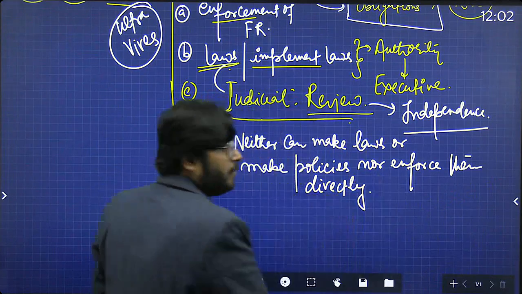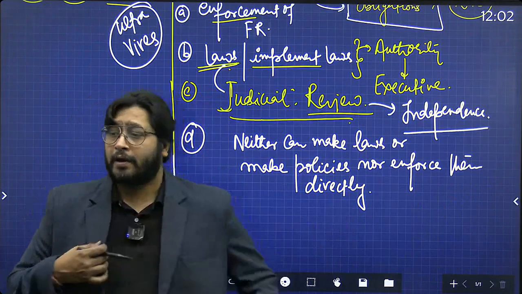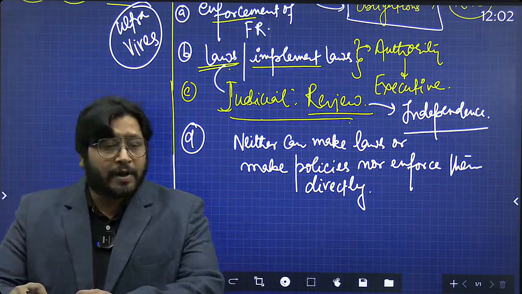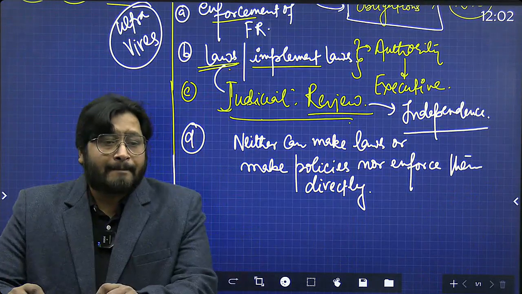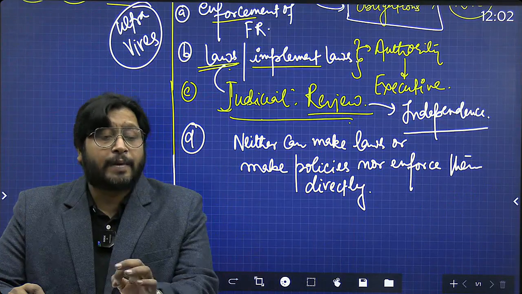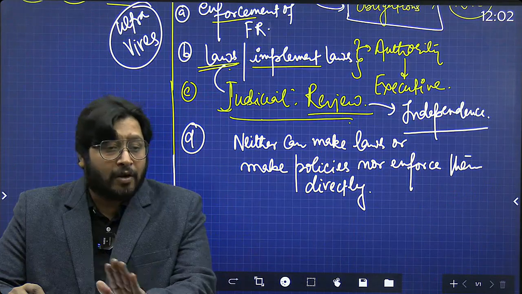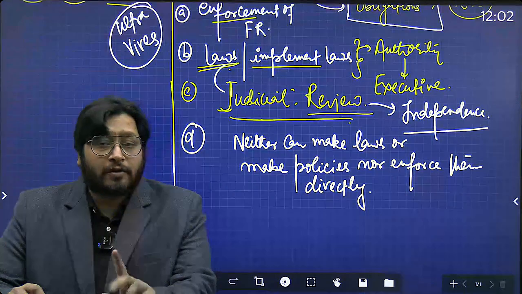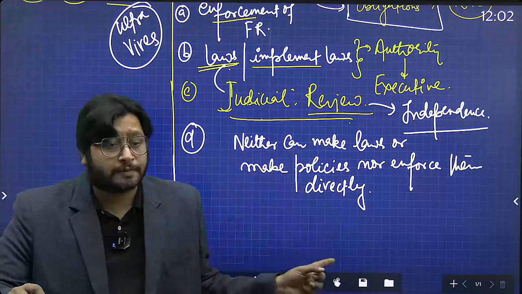It does not have the machinery to do it directly, so it does not come under any obligation, right? Whenever it relates to fundamental right implementation, it does not come under any obligation. So it will be illogical to define judiciary under this.